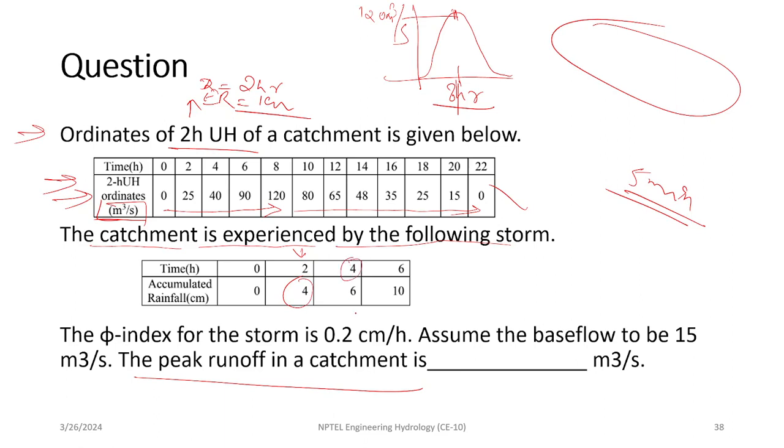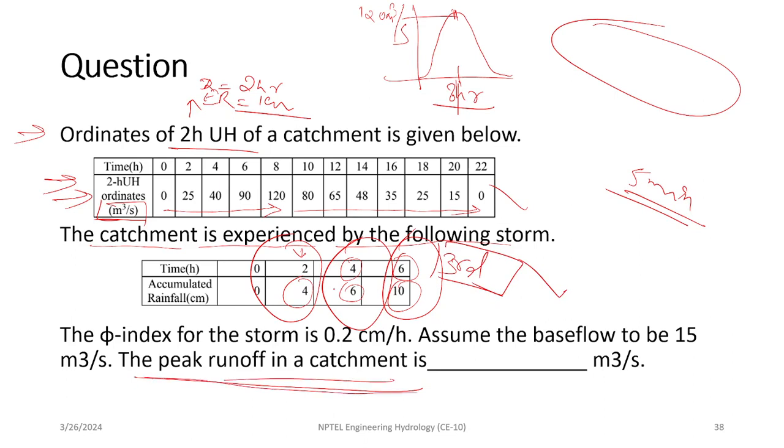At 4R we have an accumulated rainfall of 6 centimeter, and at 6R an accumulated rainfall of 10 centimeter. So here the storms are different for every case. You can consider this as one storm, this as a second storm, and this as a third storm.